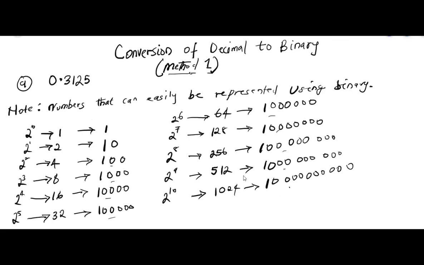It continues like that. With this, it's easy for you to break down any decimal into these numbers, then combine them. Okay, so let's take this particular example, then I will show you how effective this thing is.